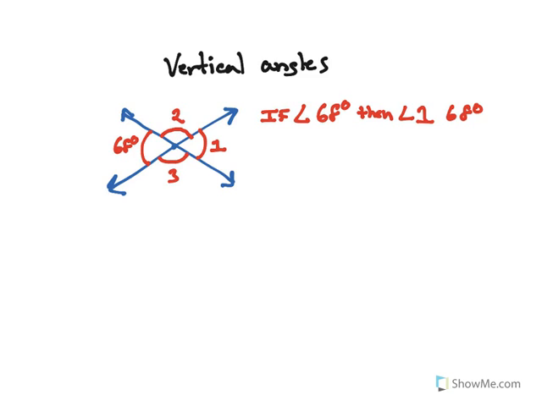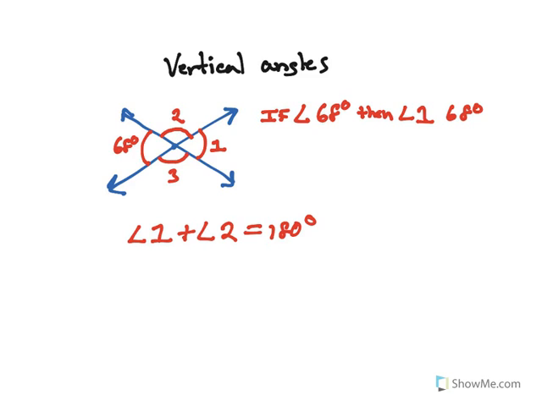We have to remember one thing. We know that vertical angles are equal, but adjacent angles are supplementary, which means they have to equal 180. Let me do this down here. Angle 1 plus angle 2 will equal 180 degrees, so those two angles must be supplementary.